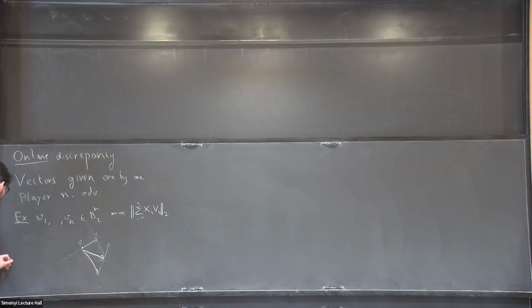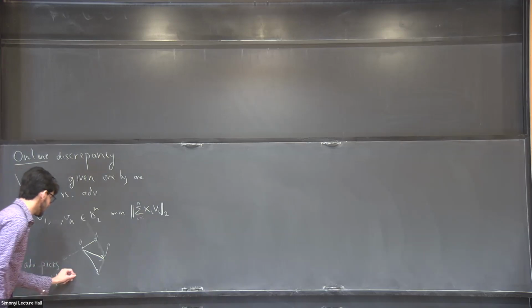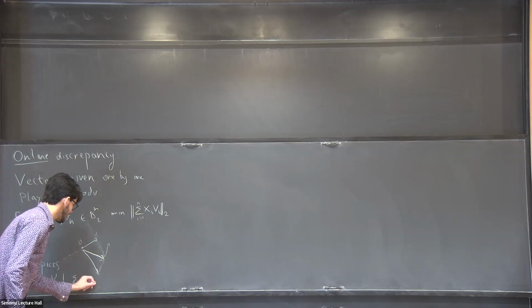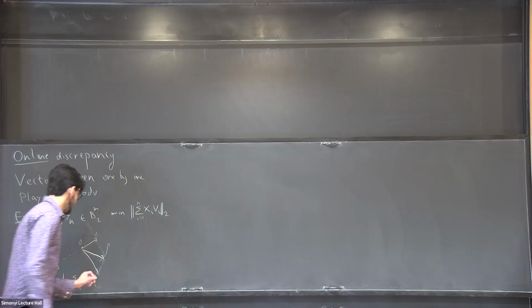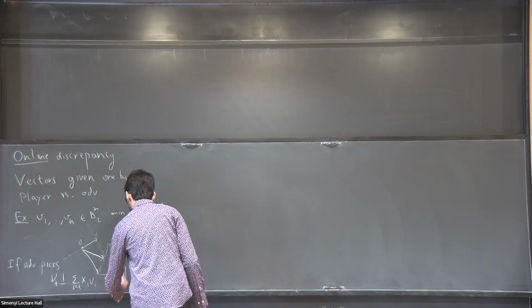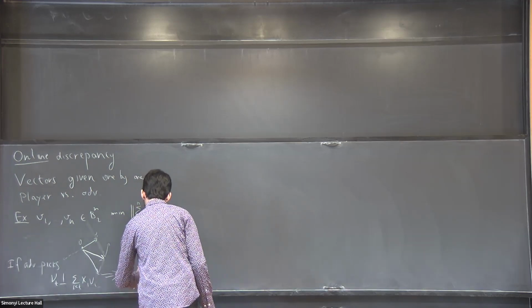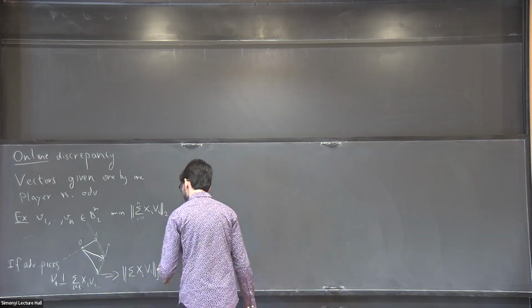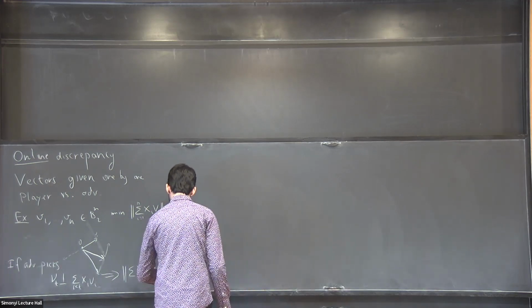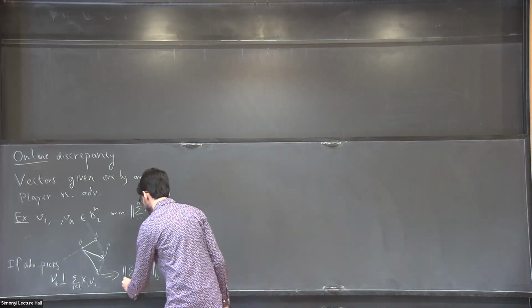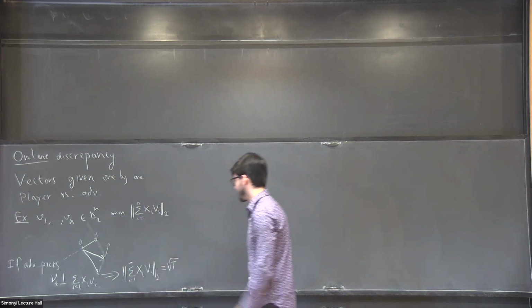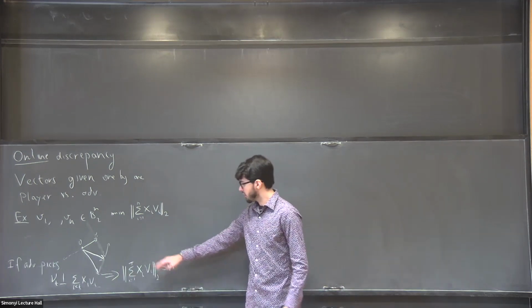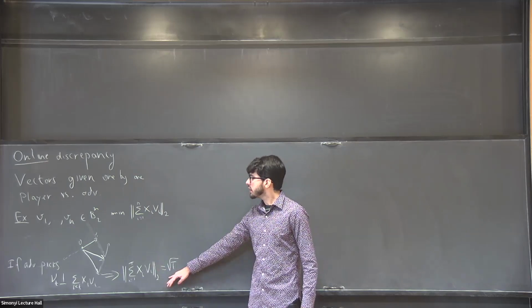If the adversary picks the next vector perpendicular to the current position, then the L2 norm is always square root T. And it's easy to see that the player can also guarantee this no matter what the adversary does.